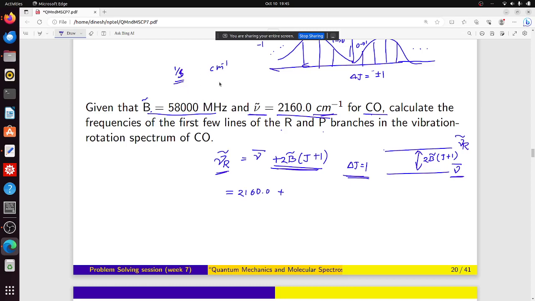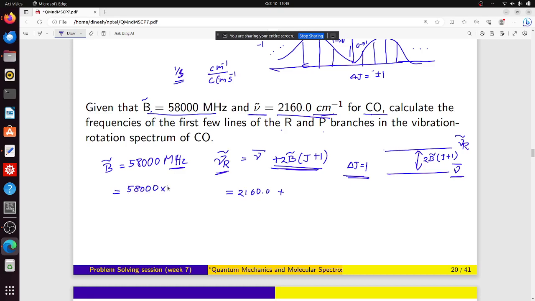So what we can do, if we divide by the speed of light, then this will give me meter per second. Okay, let's just do this. B̃ is given as 58000 megahertz, so megahertz means second inverse, and I can always convert this to length inverse by dividing by the speed of light.